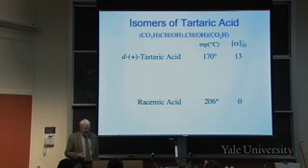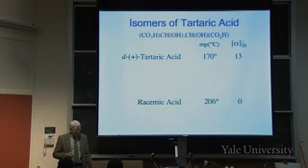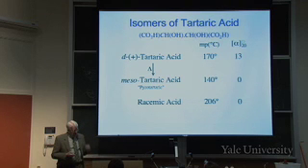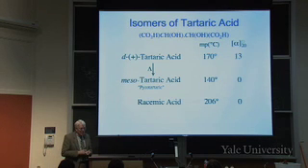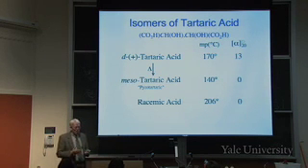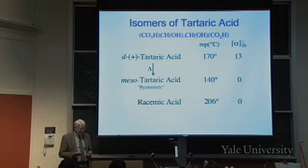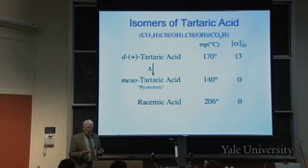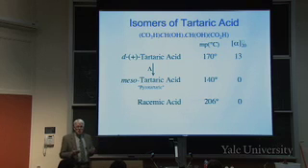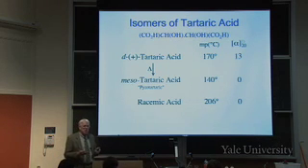It rotates light to the right by 13 degrees per gram per milliliter per decimeter. Okay, but if you heat it, you get another compound called pyrotartaric acid, or sometimes mesotartaric acid.